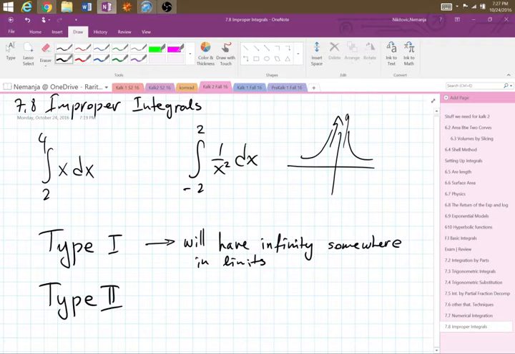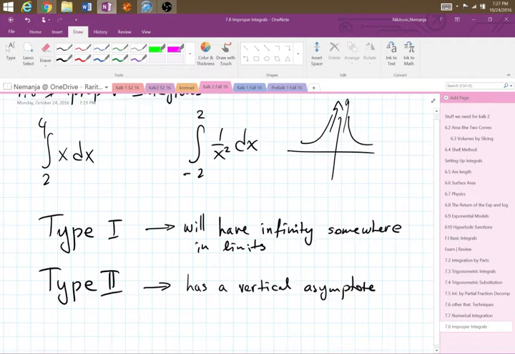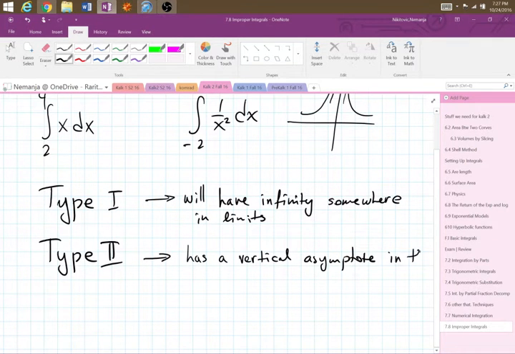So that one you can spot right away. Type 2 improper integral has a vertical asymptote in the interval. And that's the scary one, because if you're not careful, you might miss it.